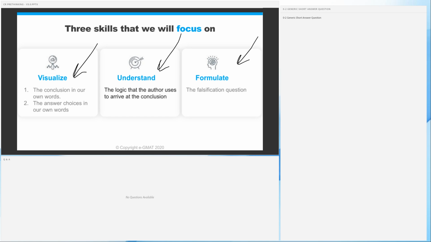Now, the skill of visualization is really important, regardless of whether you're talking about CR or RC or even data insights for those of you looking at the focus edition. As you get to those 700 level meaning-based questions, the skill of visualizing will come in handy. So it's not something that you need just for critical reasoning. It's something that you need for each of these 3 sections.